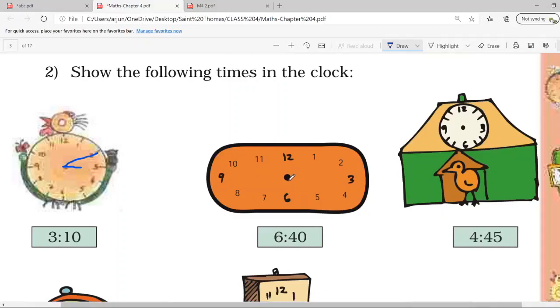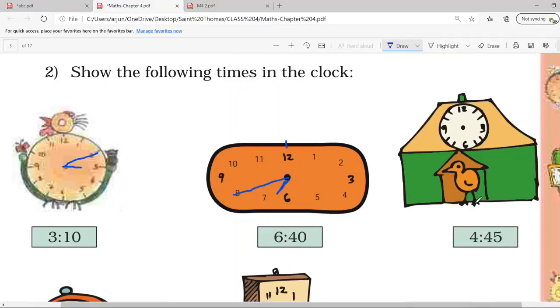So the hour hand will be somewhere between 6 and 7 and the minute hand will be at 40, which is at 8. If you calculate from 12 to 8, you will know that 40 minutes have passed.